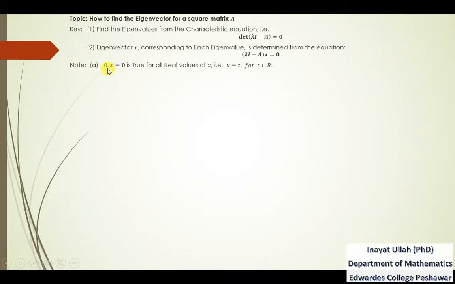So whenever we have this kind of equality, 0 into x is equal to 0, it means that x is equal to t, where t is any real number.